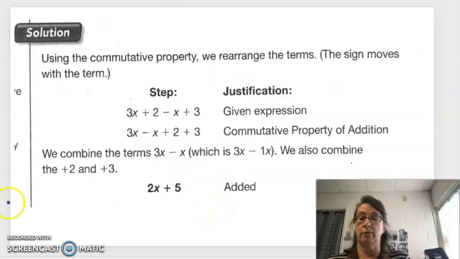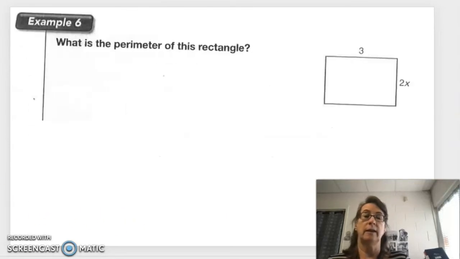And there they're showing you there. What is the perimeter? Remember, perimeter is the distance around. So if this one's going to be 2x to match this other side, and this one's going to be 3, the perimeter would be 2x plus 3 plus 2x plus 3 again.